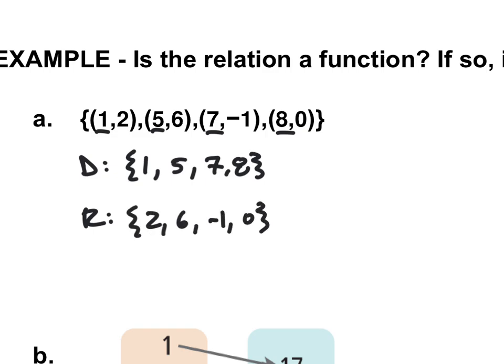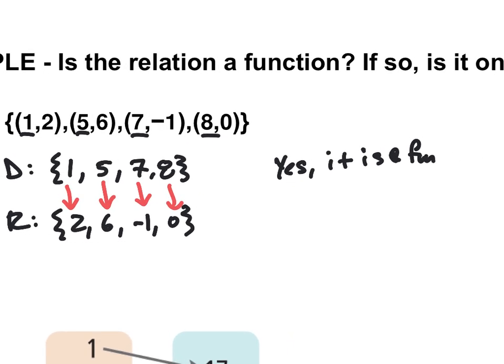And I don't have to order these in any specific order, but here's the thing, is that 1 corresponds to 2, 5 corresponds to 6, 7 corresponds to -1, 8 corresponds to 0. So first things first is that, yes, it is a function, all right, and it is 1 to 1, okay? Yes, it is a function, and yes, it is 1 to 1.